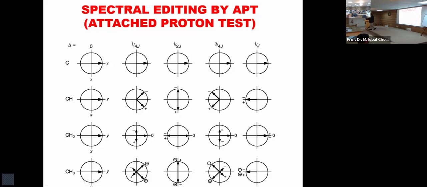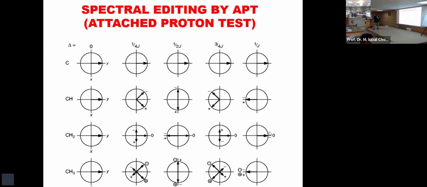They are running. So CH3, because of the presence of 3 neighboring attached protons, is running faster. It has completed 1.5 circles, right? So it is on negative Y.